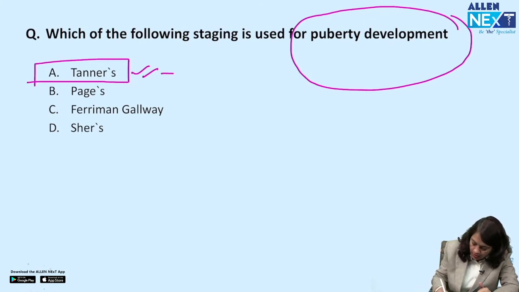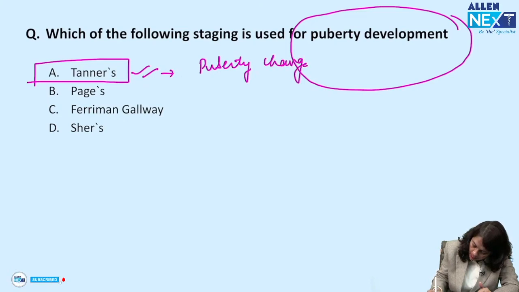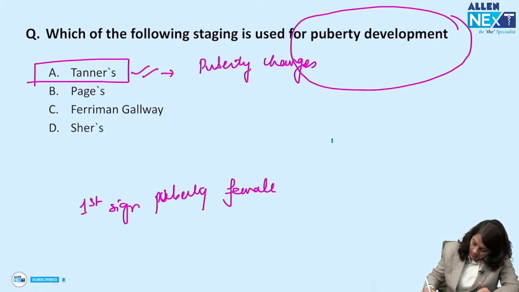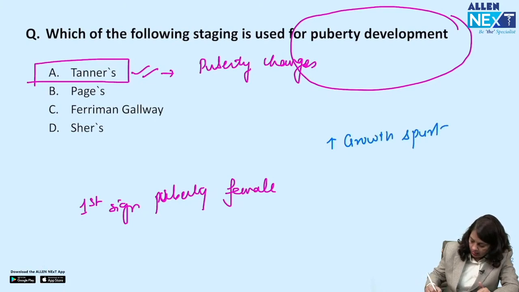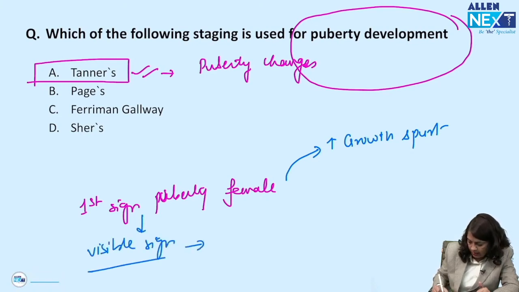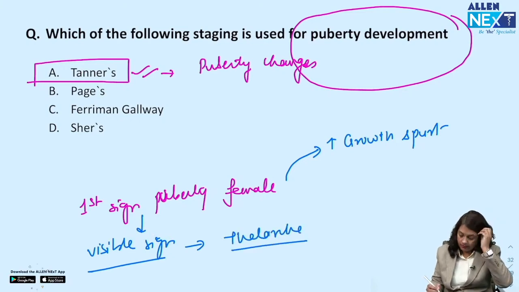Friends, let's review. Tanner's is for puberty changes. What is the first sign of puberty in a girl? Answer is increase in the growth spurt. First visible sign of puberty in girls is thelarche.